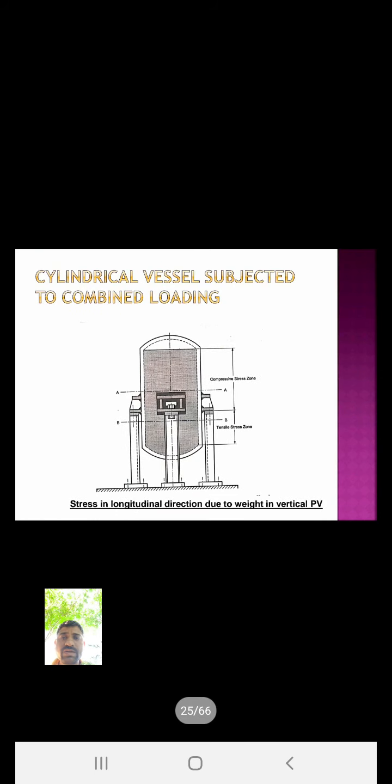Remember that, these two formulae are very important: stresses in the longitudinal direction. We have seen in the figure of the vertical pressure vessel, stresses in the longitudinal direction due to the weight.